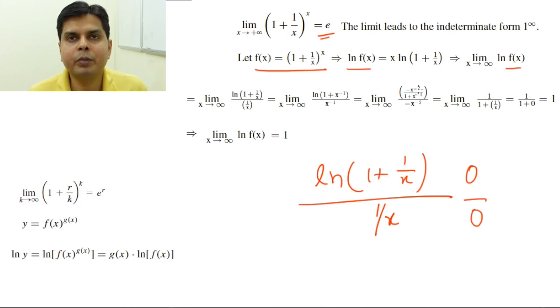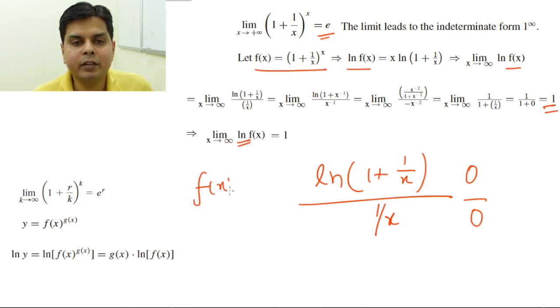Now you can do simple L'Hopital rule, differentiate this, and ultimately you will reach 1. So the limit as x tends to infinity of ln f(x) is 1. Now ln is a continuous function, so the limit as x tends to infinity of f(x) will be e to the power 1, that is e.